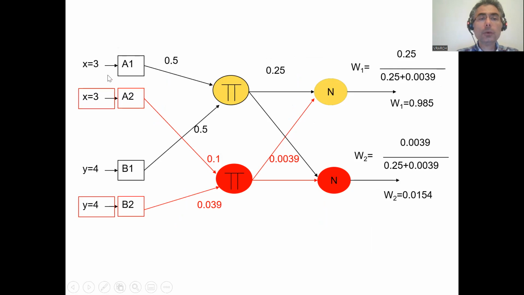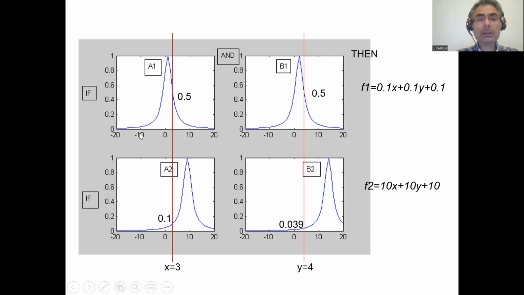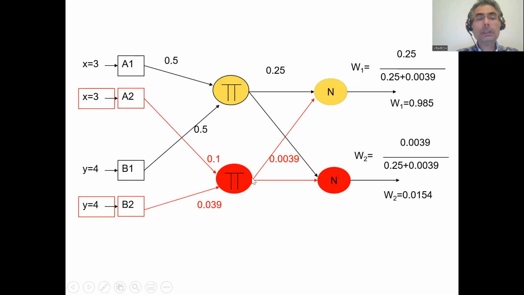Let's say we have 2 membership functions, as we said, A1 and A2 for x, and B1 and B2 for y. The input for x is 3, so we make the calculation here for x: 0.1 and 0.5, and for y is 4, for B1 and B2.